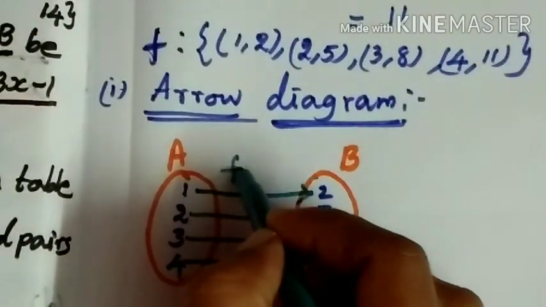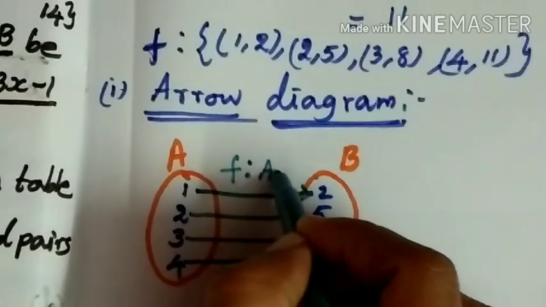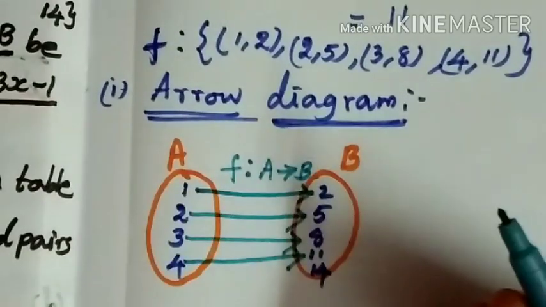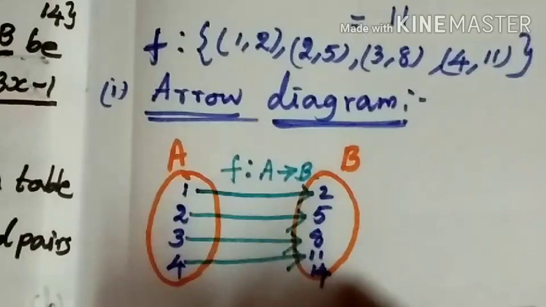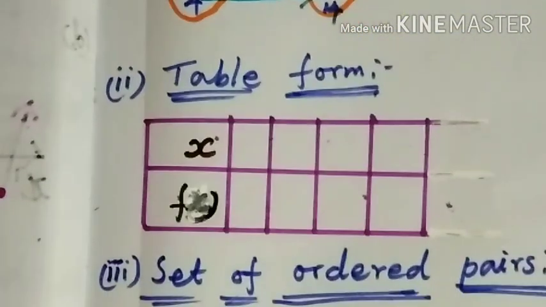It represents f such that A to B. This is the arrow diagram. Next we move on to the second heading, table form.